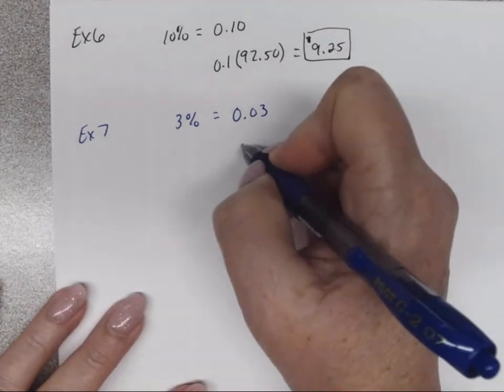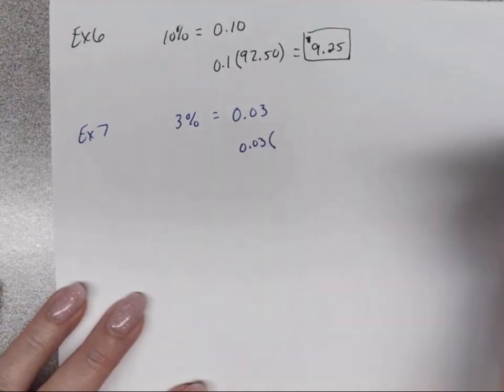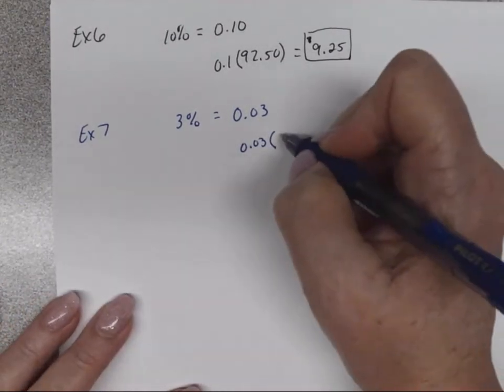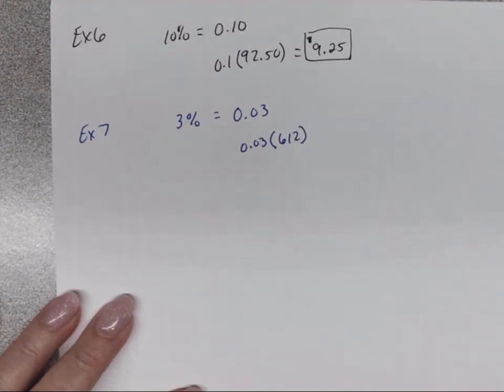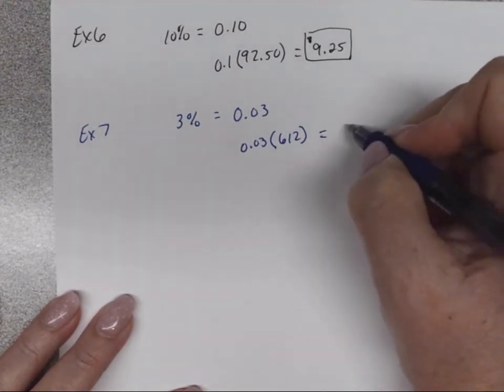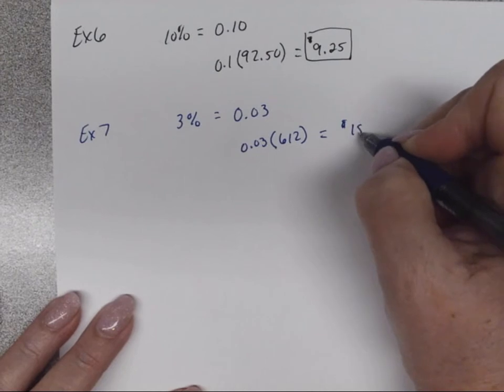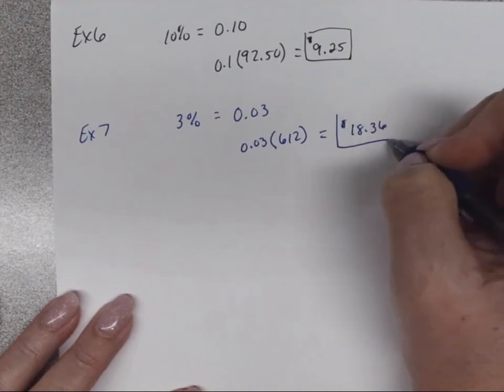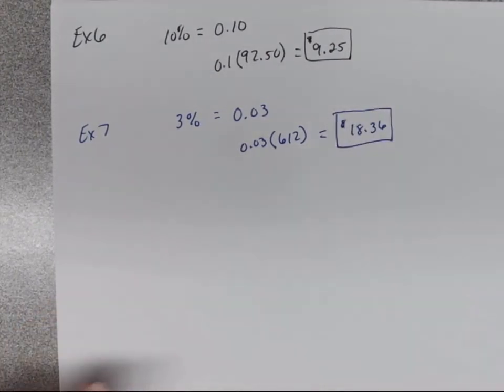And then we'll take our 0.03 and multiply it times our total of 612. And when we multiply that, we will get $18.36. So it will cost you, for that convenience of using the credit card, $18.36. All right, let's look at example 8.